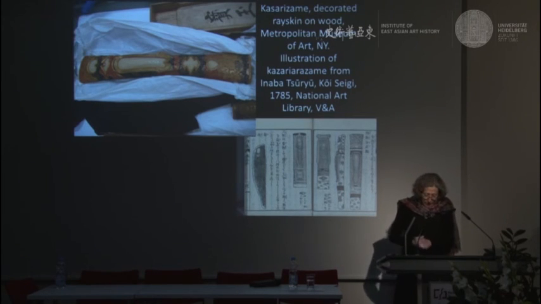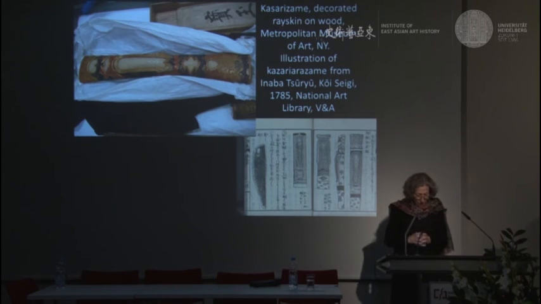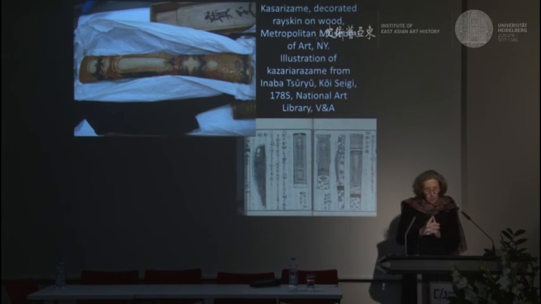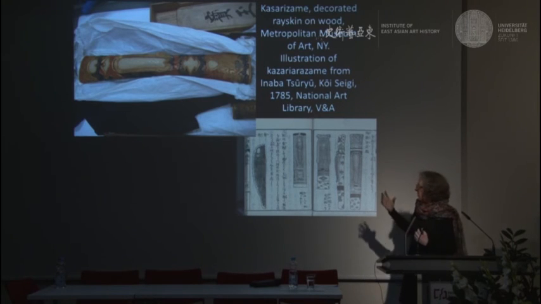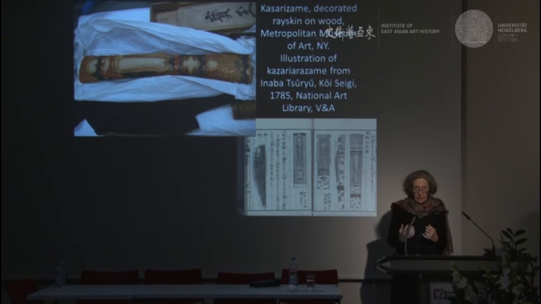Now, Inaba's Koiseki is a specialist text that is likely to have had only a limited readership. But there are many references to the value of imported ray skin in popular literature. I want to make the argument that although this may seem very recherché, in fact, ray skin was something that loomed large among luxury goods during the period.